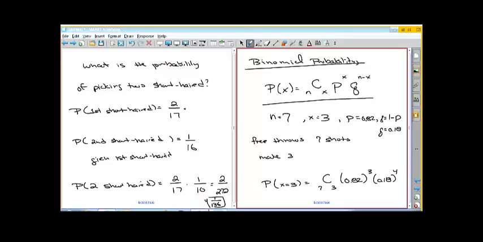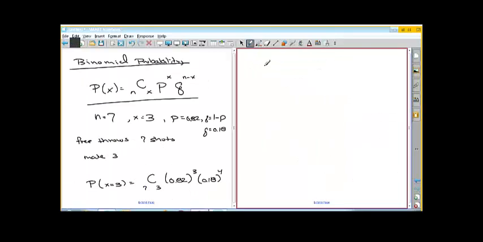And then we can do this combination number separately. Remember, it's n factorial over r factorial times n minus r quantity factorial. That's the equation for combinations. So you get 7 factorial over 3 factorial times 7 minus 3 quantity factorial.